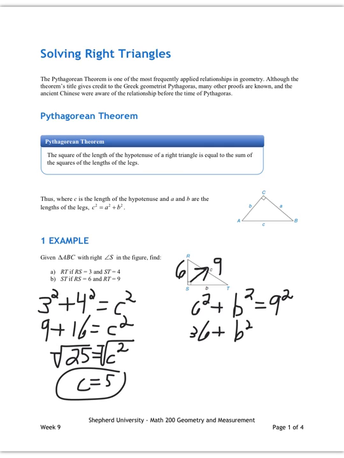Just do a little bit of arithmetic. I'll have to subtract 36 from both sides to get the B squared by itself, and then take the square root. I don't know what the square root of 45 is. It's not a perfect square, so instead we'll just use a decimal approximation for it. It's about 6.7.